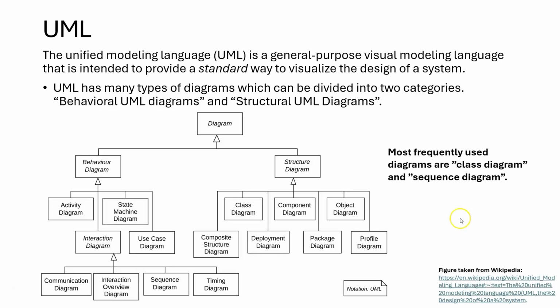So more formally, the Unified Modeling Language, UML, is a general-purpose visual modeling language that is intended to provide a standard way to visualize the design of a system. UML has many types of diagrams, which can be divided into two categories, which are behavioral UML diagrams and structural UML diagrams. The most frequently used diagrams are those that are called class diagrams and sequence diagrams.